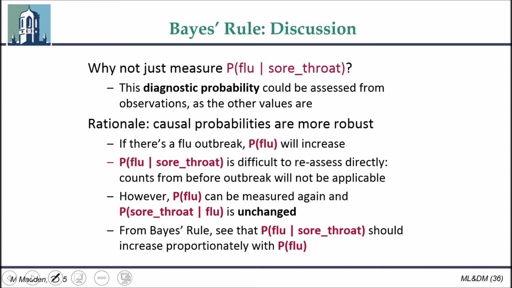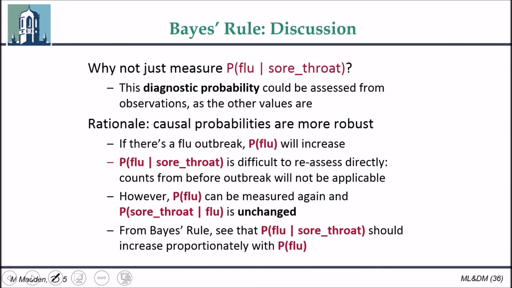Causal probabilities being the probability of sore throat given that you have flu. So in other words, the probability that your sore throat is caused by your flu. Those kinds of causal probabilities are more robust than the diagnostic probabilities, the probability of diagnosing flu from sore throat.